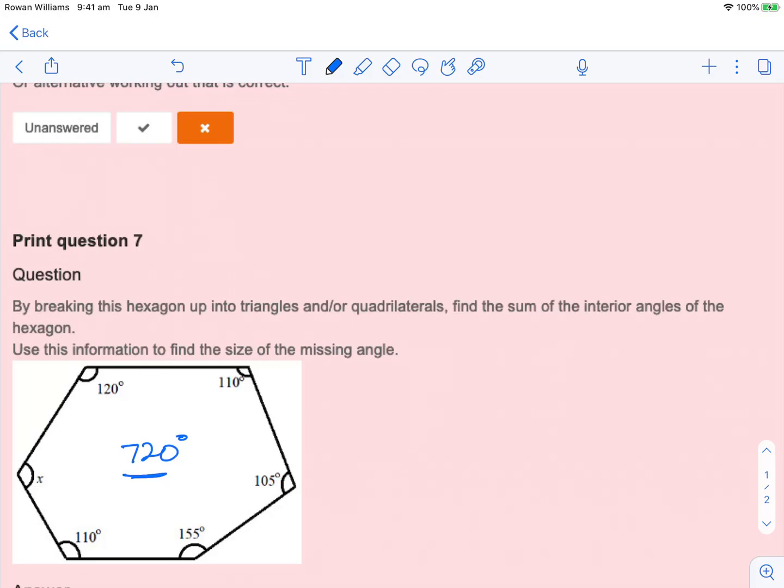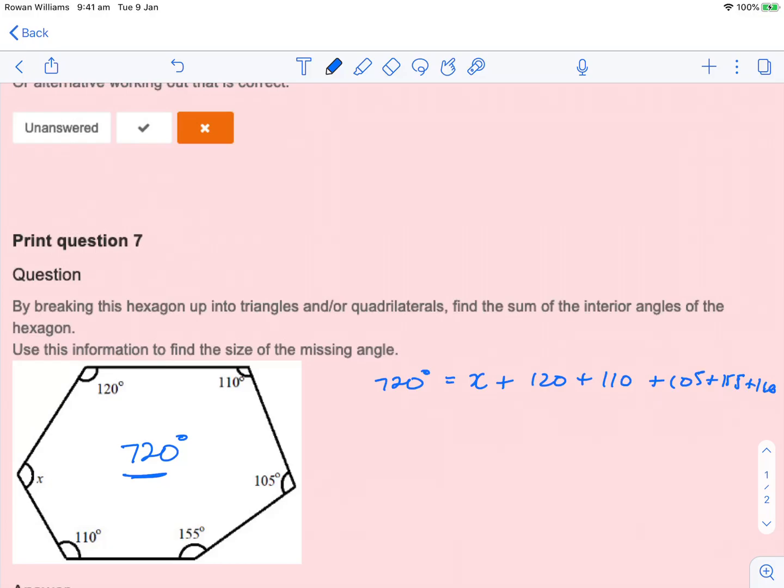So now I can write this out as 720 degrees is equal to x plus 120 plus 110 plus 105 plus 155 plus 110.